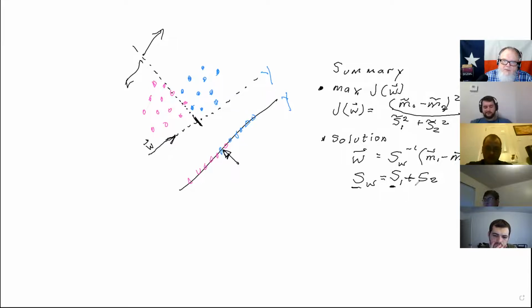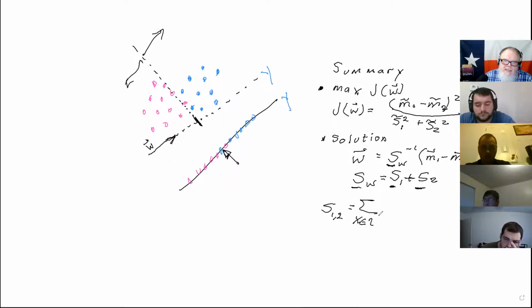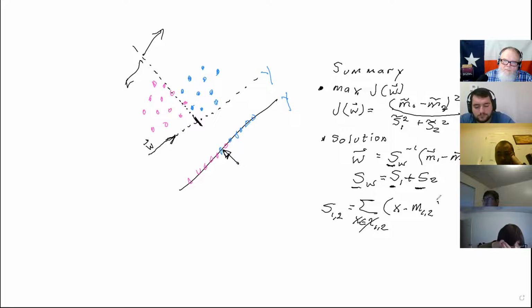And I'm going to underline those because I like to underline my matrices. Where S1, and I'm just going to use S1 or 2, is equal to the summation of X within the class, the chi class, either 1 or 2, of X minus the mean in that class, 1 or 2, times X minus the mean in that class, 1 or 2, transpose. And so these are all vectors.